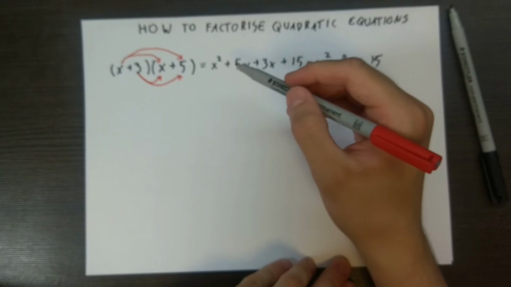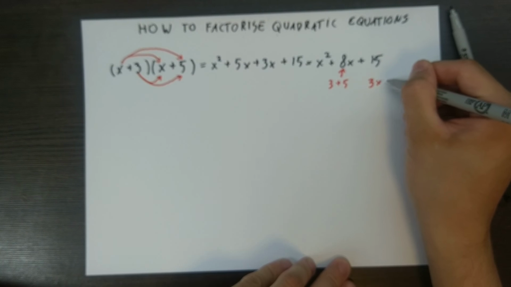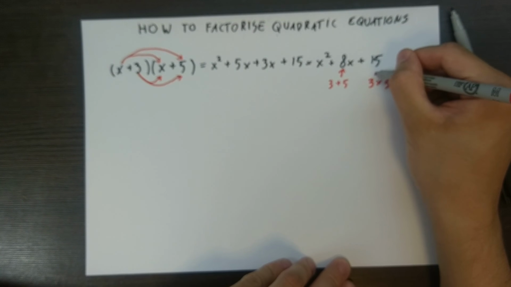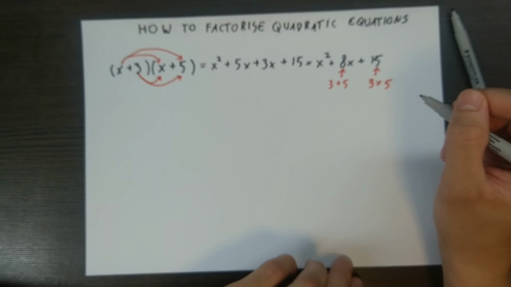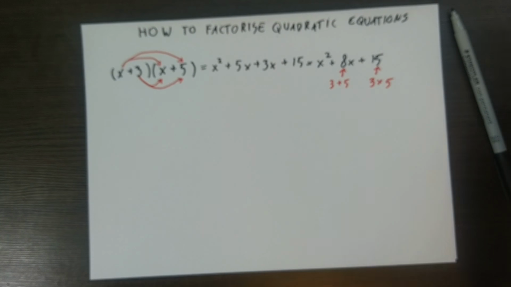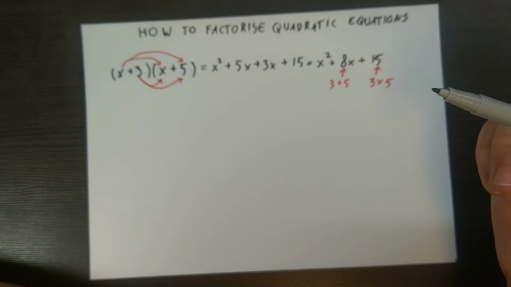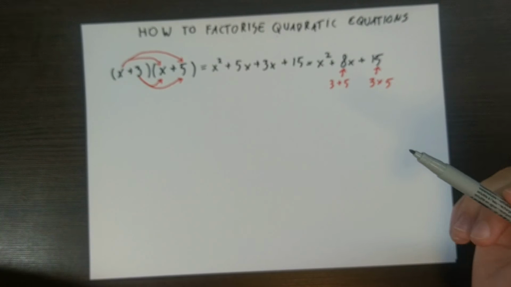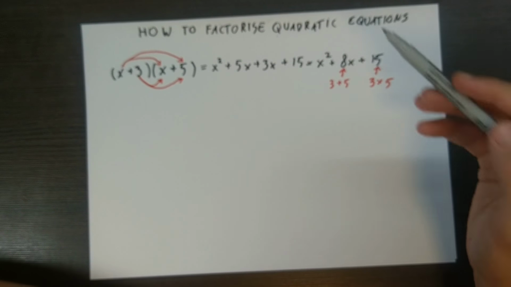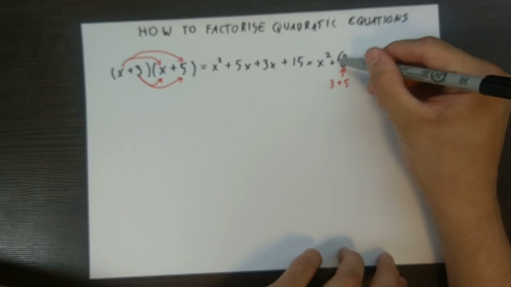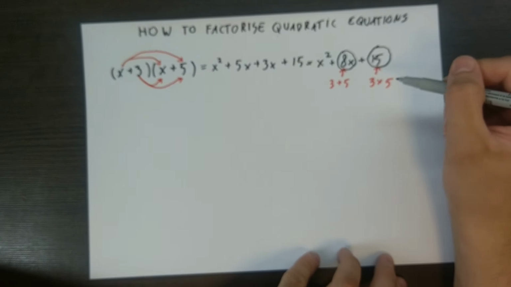Now, if we get the same numbers and we do 3 times 5, then we get 15. So, in order to factorize equations, the whole point is to find a pair of numbers that adds to make this number and multiplies to make this number.